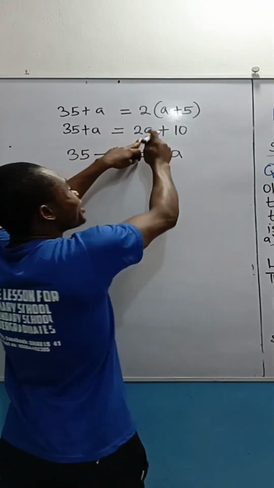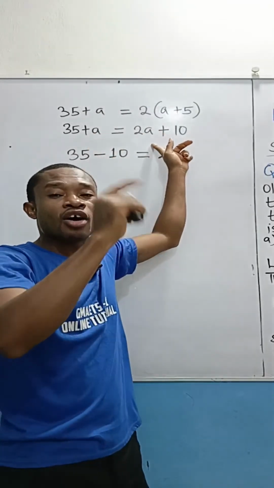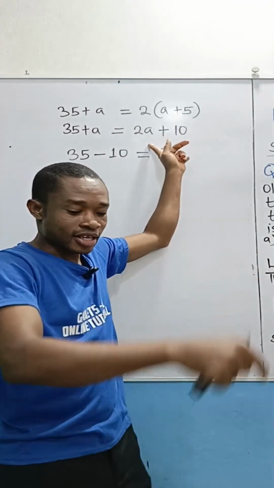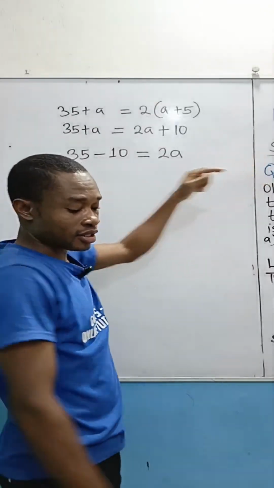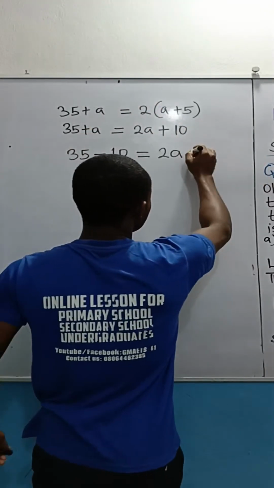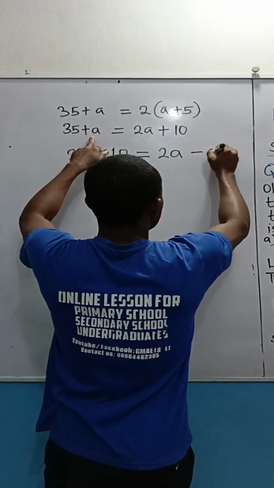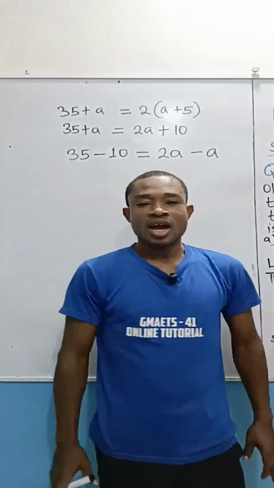So you have to write that 2A first, because the 2A is the owner of that right hand side as the alphabet. Now we are moving plus A to meet that 2A on the right hand side. If plus A crosses the equality sign to meet this 2A, it will change to minus A. This is good.